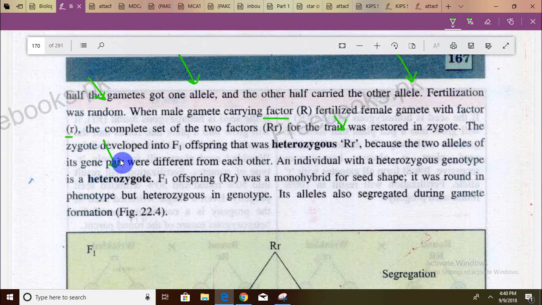So this is an interesting thing to write down. The F1 generation was monohybrid for seed shape. And why wasn't it simply termed, say, hetero-homo? Because it was round in phenotype but heterozygous. So we can't call it true breeding.